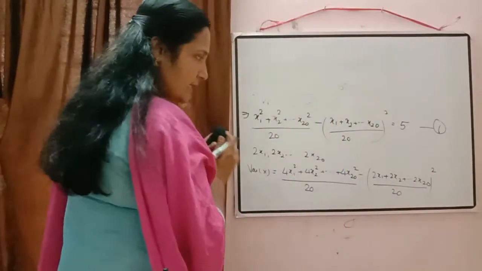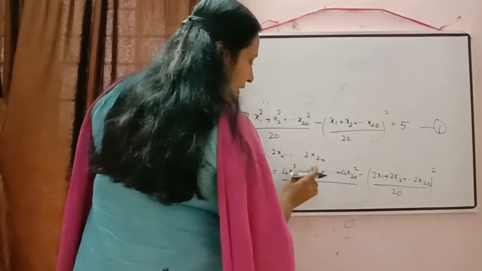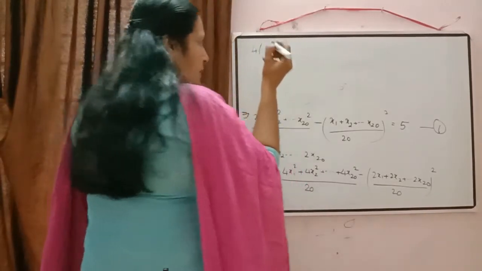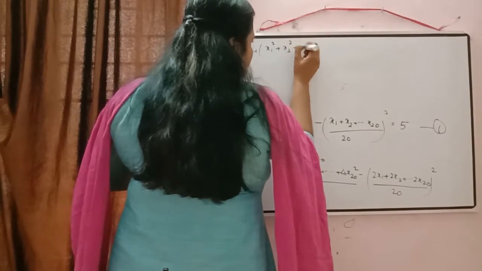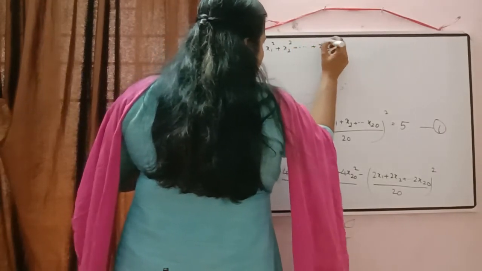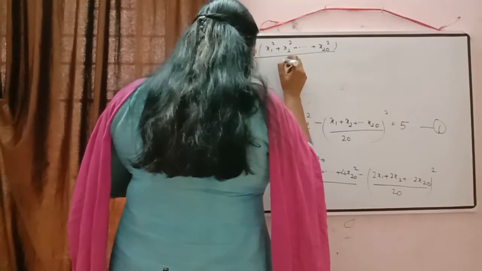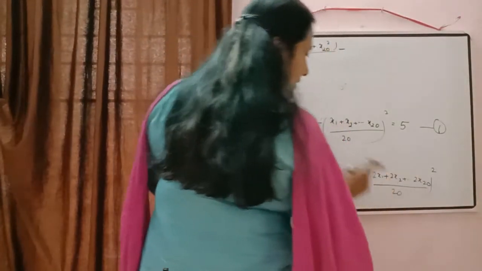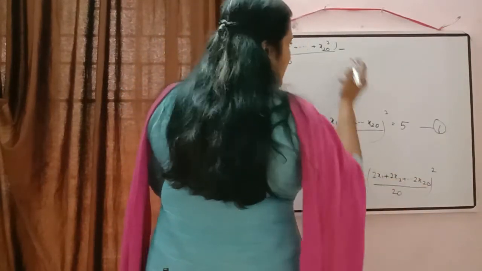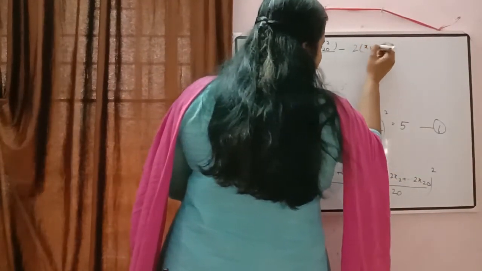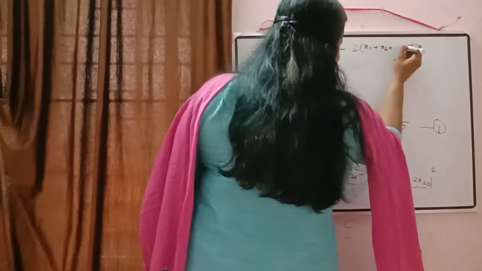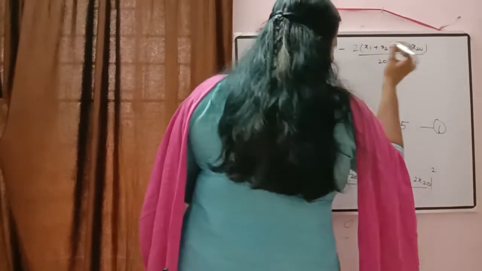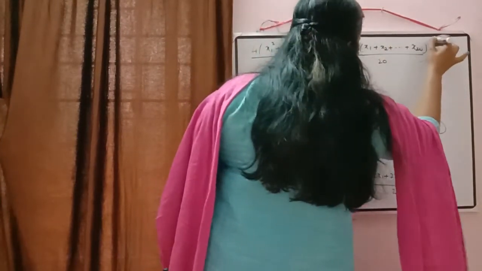Now, is there anything common here? Yes, we can take 4 common outside. Inside the bracket it will be x1 square plus x2 square plus etcetera plus x20 square divided by 20, minus, from here we can take 2 common from the whole expression, so 2 into x1 plus x2 plus etcetera plus x20 divided by 20 the whole square.